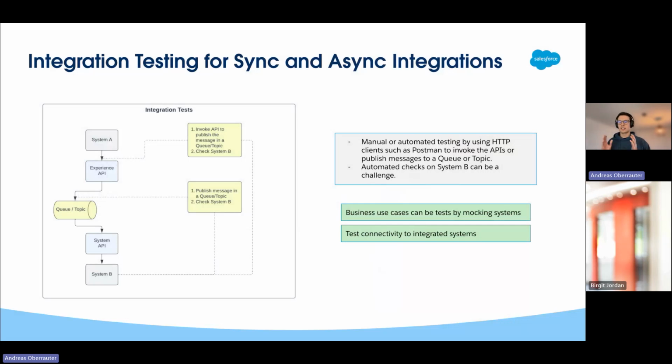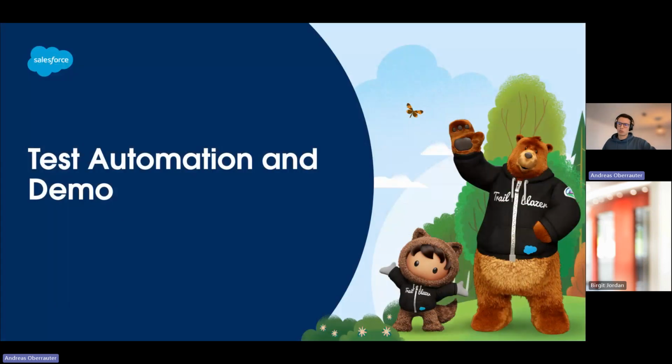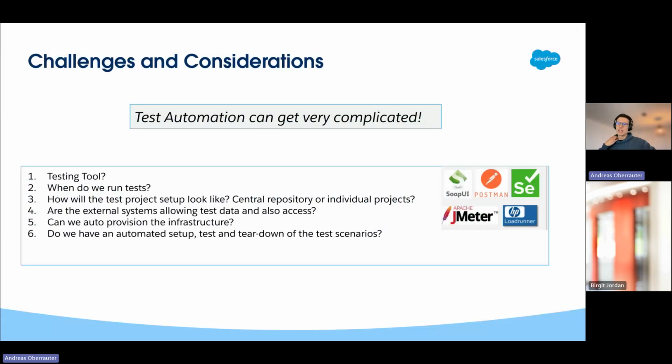Because manual testing is pragmatic, manual testing can be somehow done, and it still basically ensures that you have a certain quality in your integrations. But at some point, you might think about test automation as well. So basically everything which we are doing manually, we want to do automated, right?